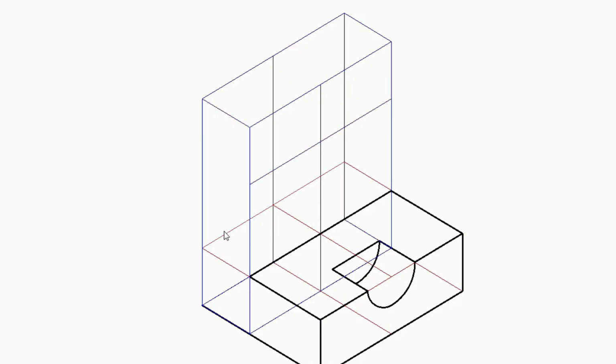So let's draw this line here, this one, this one, and in addition to that, there will be a line from this point to this point. The line on the other side would not be visible, so we don't have to draw that.